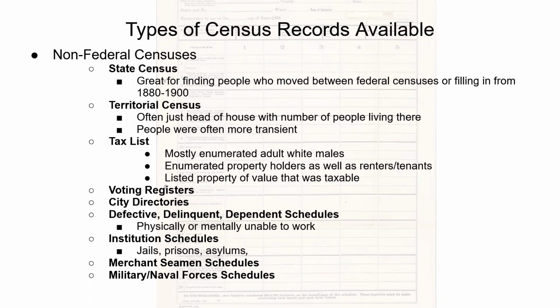Institutional schedules for jails, prisons, asylums, etc. And for the people who were serving on military bases or were on naval ships during the time of censuses, there were also the merchant seaman schedules and the military and Navy forces schedules. So if your uncle or grandfather was serving, but they are not on the census record and you can't find them, check one of these. They may have actually been at a base or a fort when the census was taken.